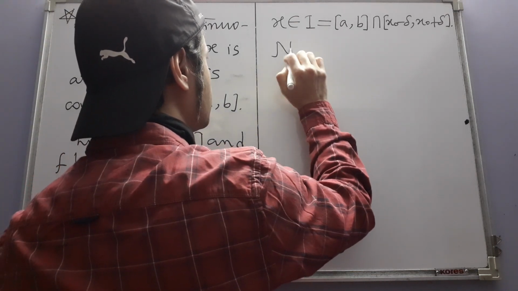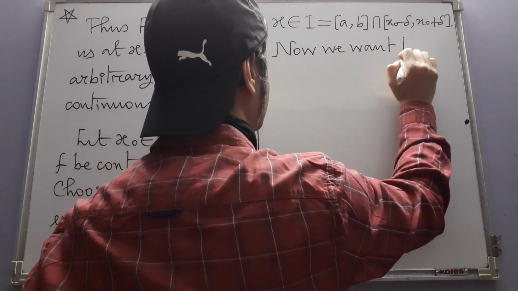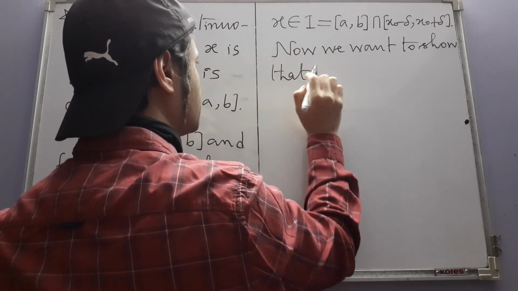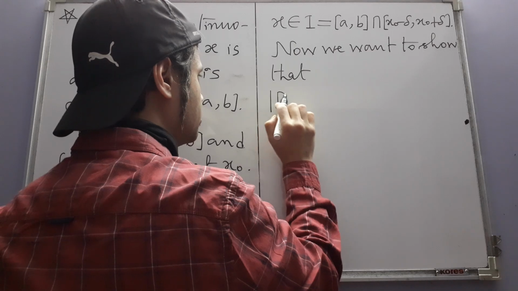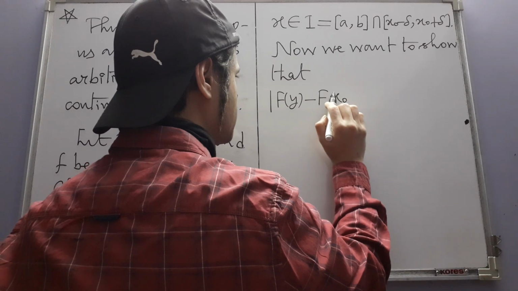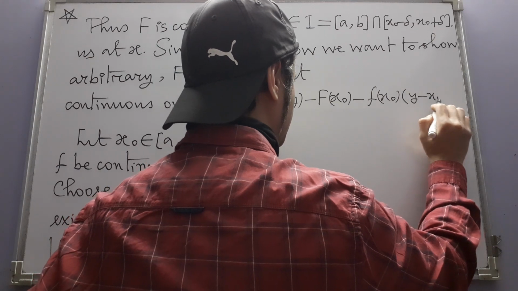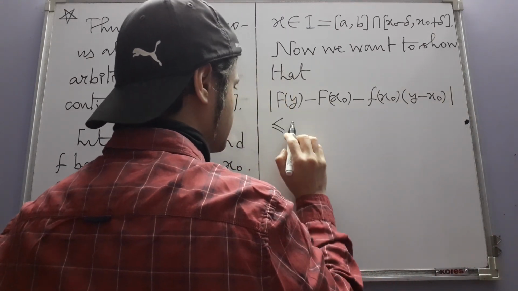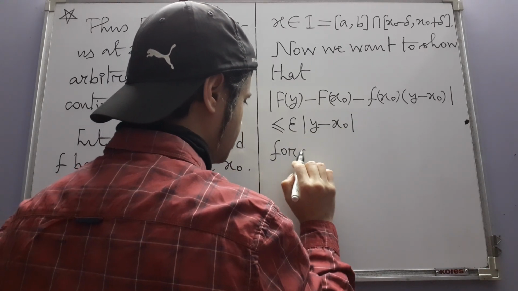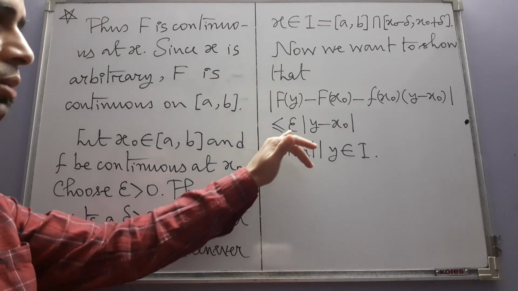Now, we want to show that this inequality, mod f of y minus f of x naught minus small f of x naught times y minus x naught, is less than or equal to epsilon times mod y minus x naught for all y belonging to I. You may remember this inequality.